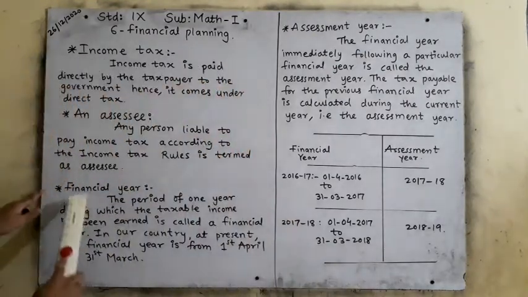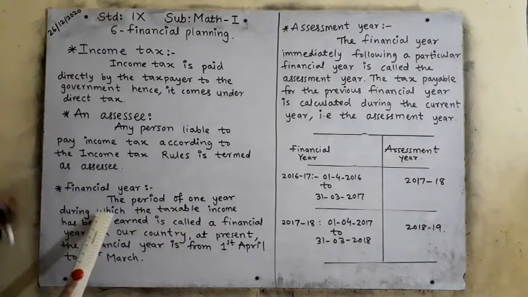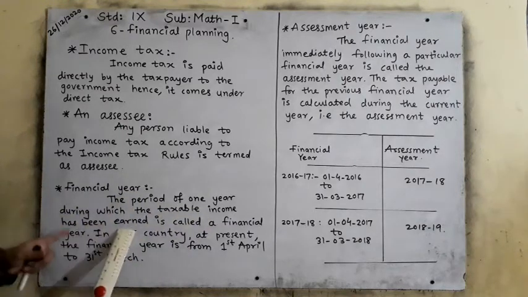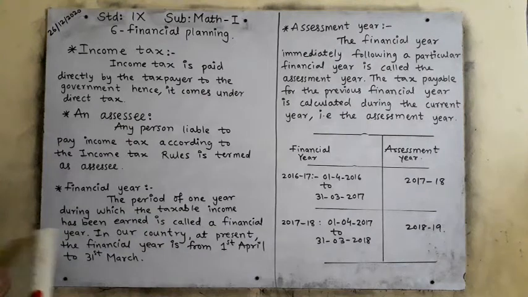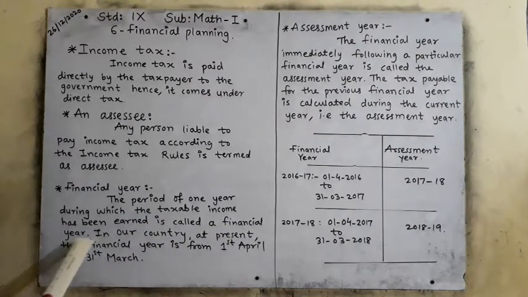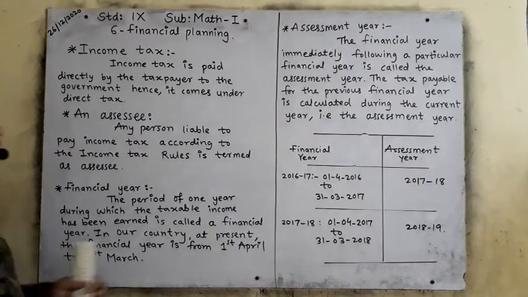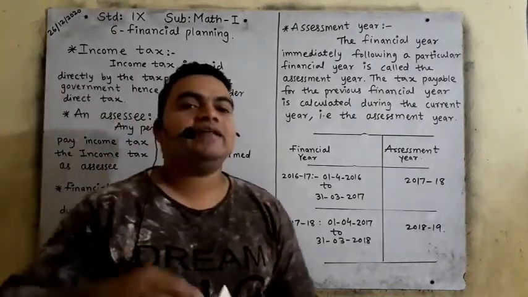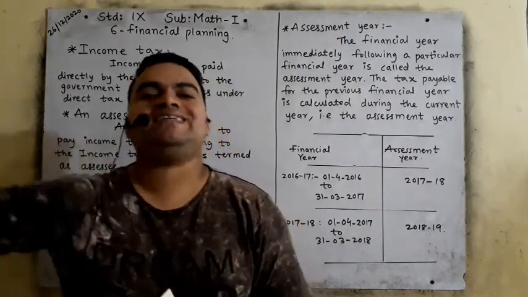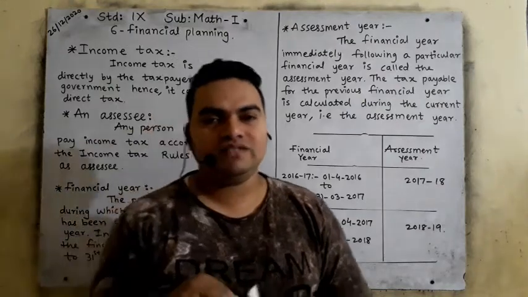Now we will see the financial year. The period of 1 year during which the taxable income has been earned is called a financial year. In India, at present, the financial year is from 1st April to 31st March. So 1st April of this year and 31st March of the next year. Suppose this is 2020 going on.